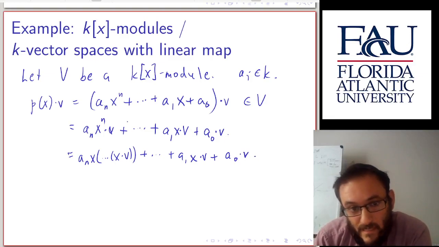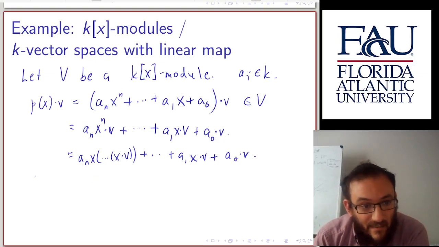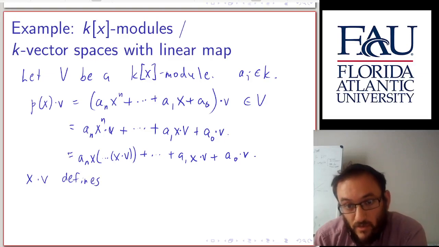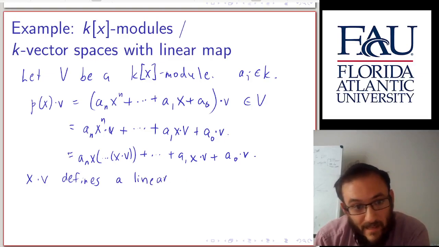And what we're seeing here is that x dot v defines some map of the module to itself, and it has to be linear if we apply the module axioms.